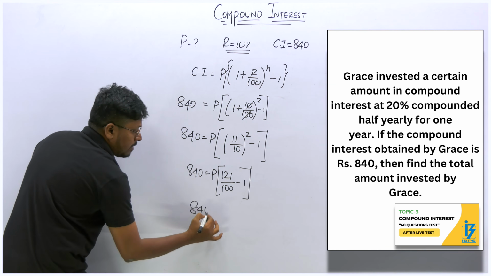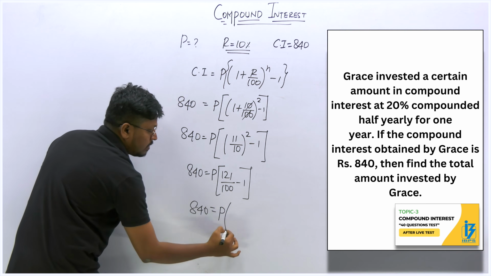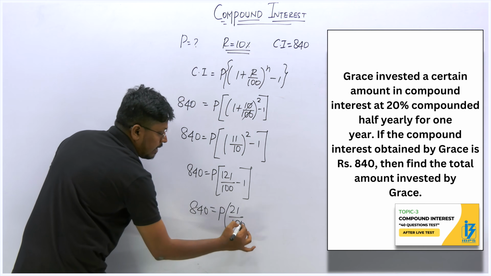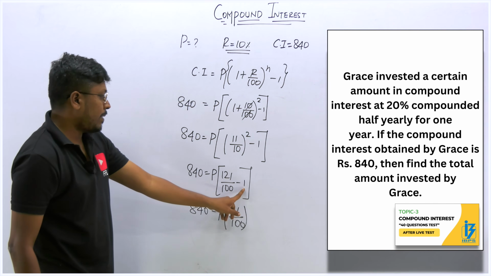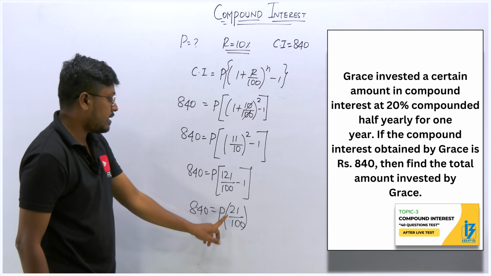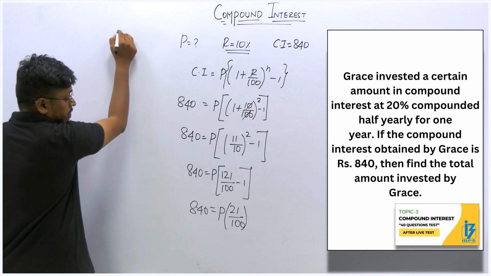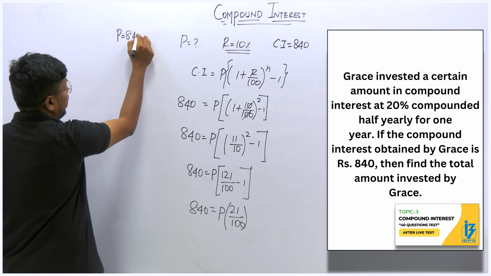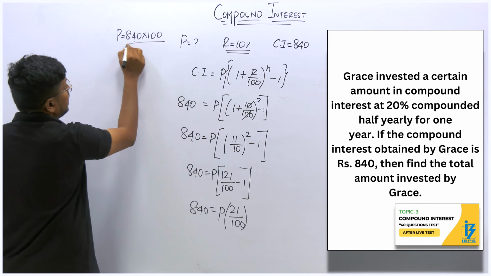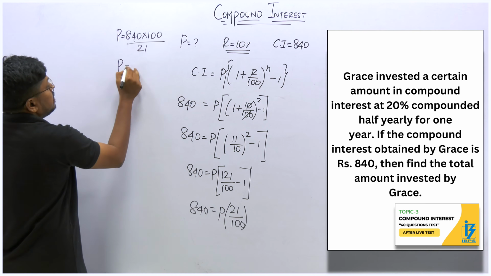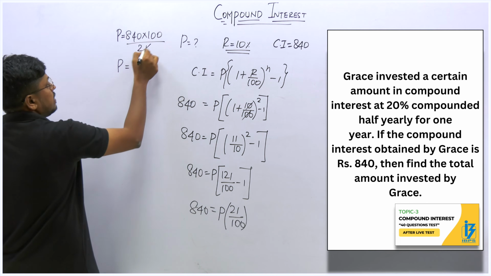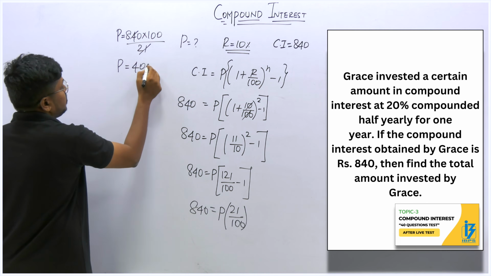So 840 is equal to P into 21 divided by 100. Yes, when you multiply by 100 here, 121 minus 100 will be 21 by 100. So P is equal to 840 into 100 divided by 21. So P is equal to, we can cancel this 4 times, which will be 4000.